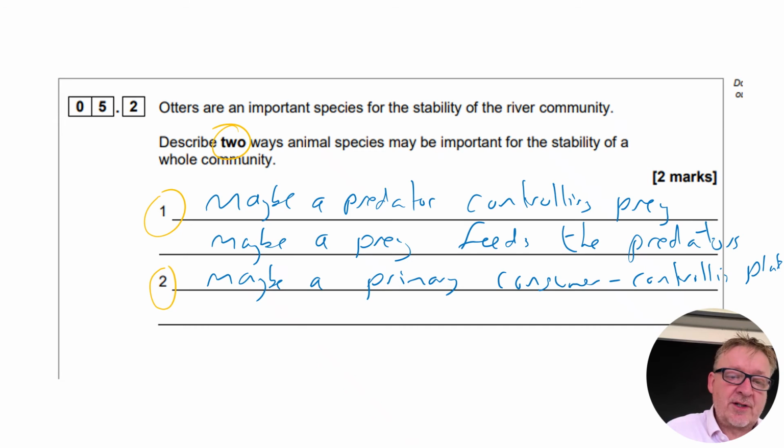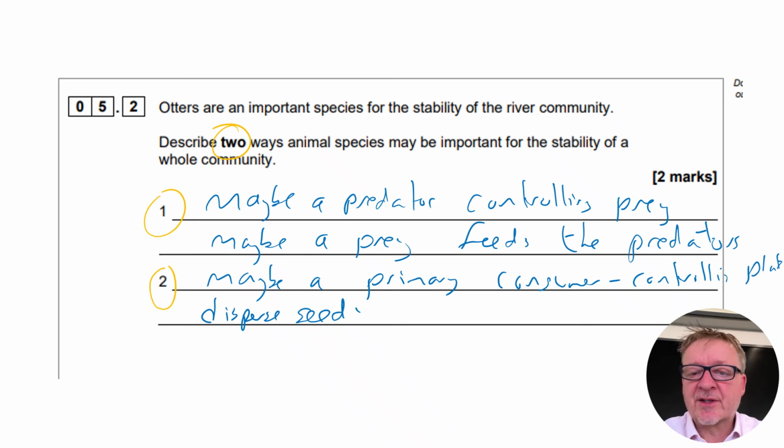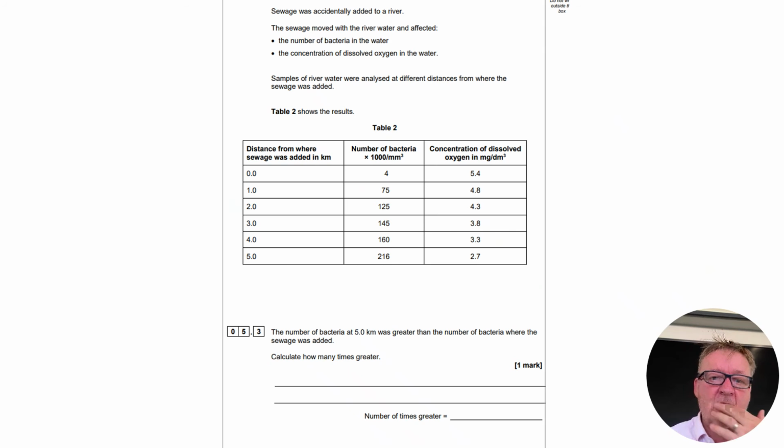It could disperse seeds. So the animal eats something that's got seeds in it and it'll disperse them around the area, so that other animals benefit, and if you take one of them away, then the whole ecosystem in that area changes. Oh, that's a lot of words.